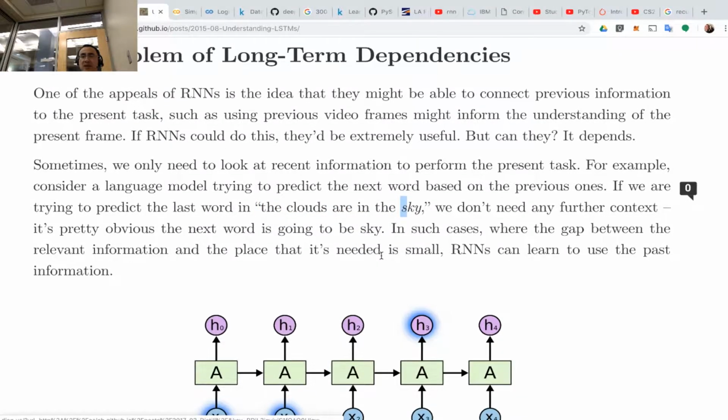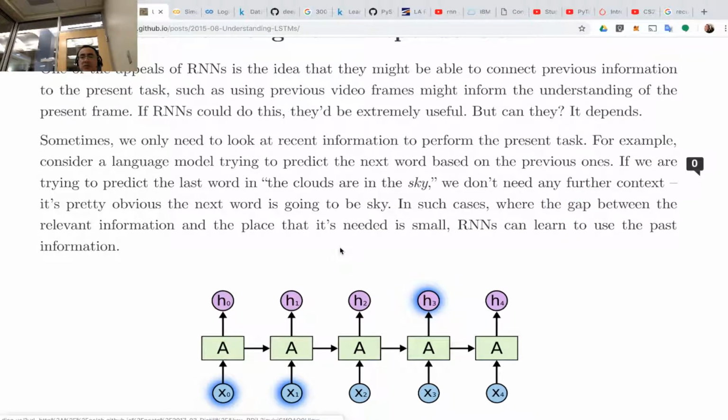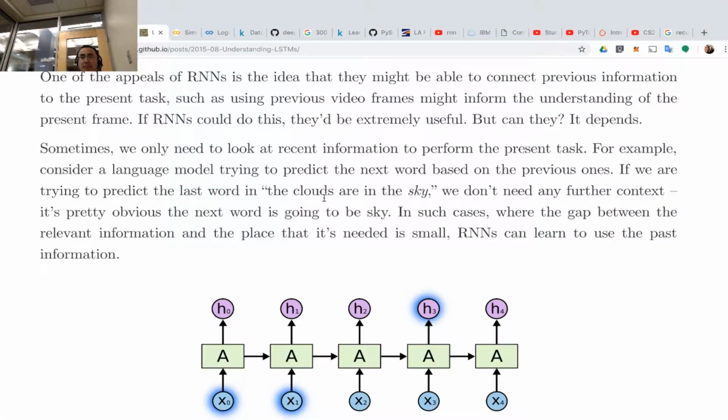In such cases where the gap between the relevant information and the place that it's needed is small, RNN can learn to use the past information. What does it mean? The gap between the relevant information and the place that it's needed is small.